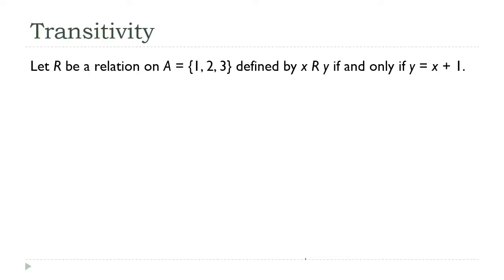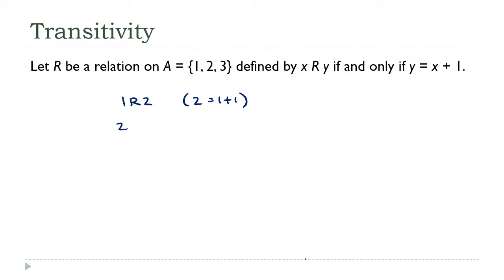So in this lecture, we're going to talk about one of the things that you can do to, in a sense, complete a relation, right? This one, for example, if you take a look at this, you can see pretty quickly that this relation is not transitive, right? We have 1 is related to 2, because 2 is equal to 1 plus 1.